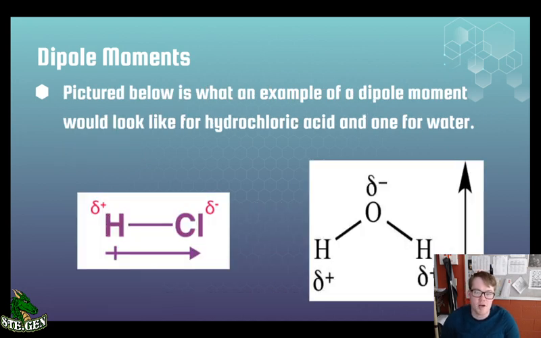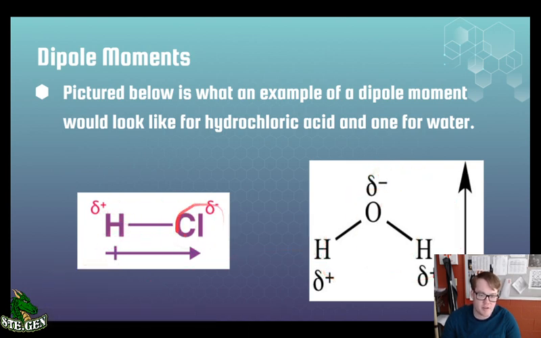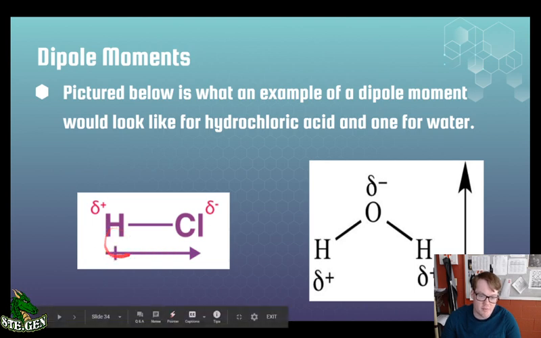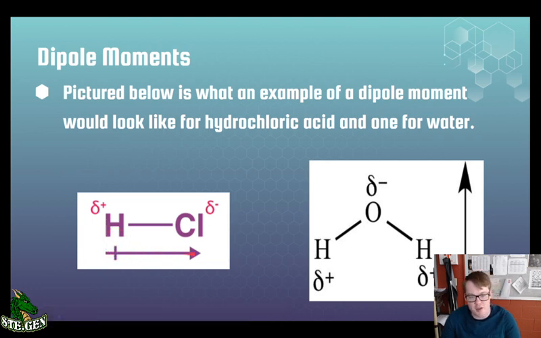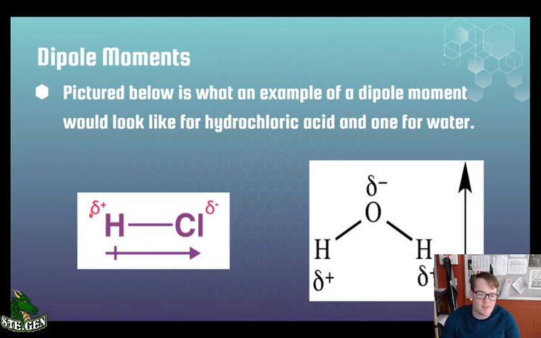Pictured below are examples of how we draw dipole moments. This is what a dipole moment would look like for hydrochloric acid over here, and one for water over here. In this one, hydrogen has a lower electronegativity than chlorine. So we draw our arrow with this little plus sign to represent the more positive side, and draw the arrow towards the negative side. And we do this little, I believe it's sigma, symbol.